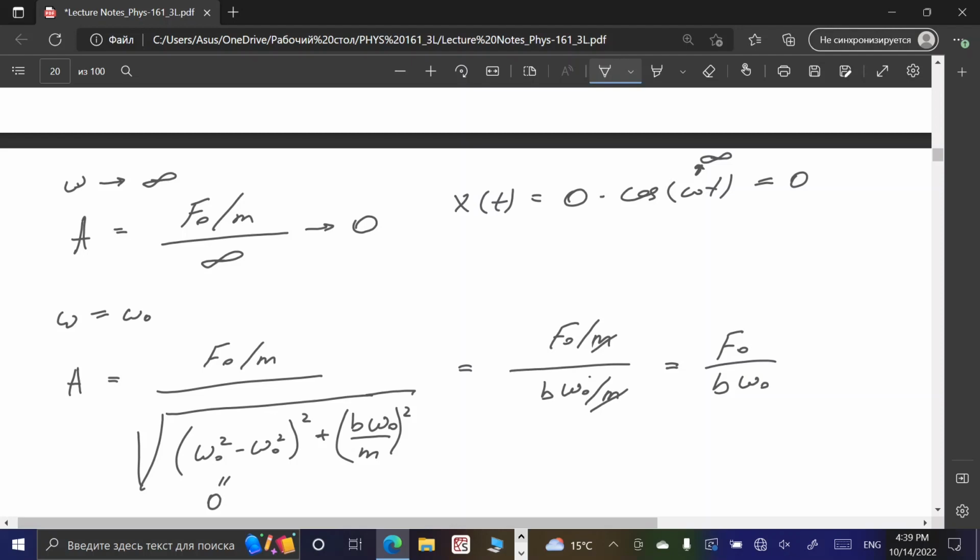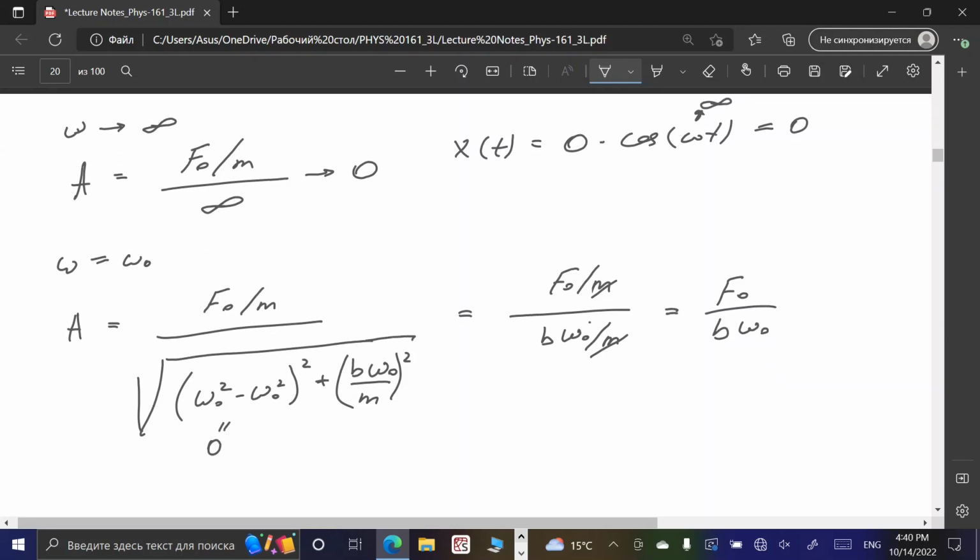Because here, besides the natural frequency, we also have the drag force coefficient, and obviously the magnitude of the force which is exerted, like the amplitude value of the force exerted on this system. So eventually, this regime of oscillation, when the external driving force coincides in frequency with the natural frequency, is called resonance.